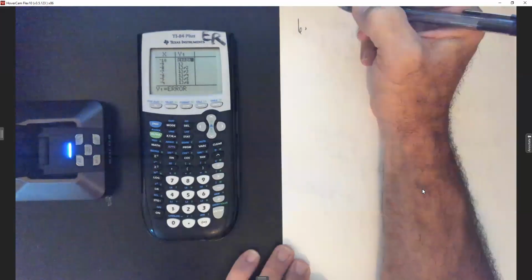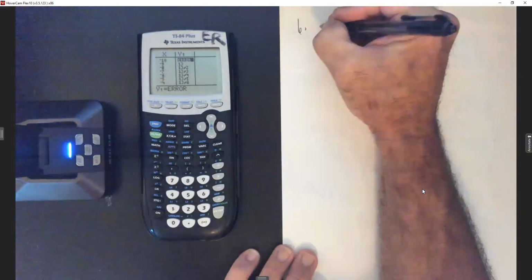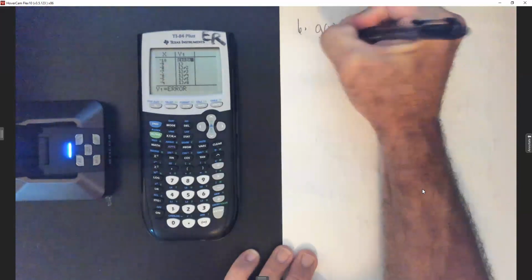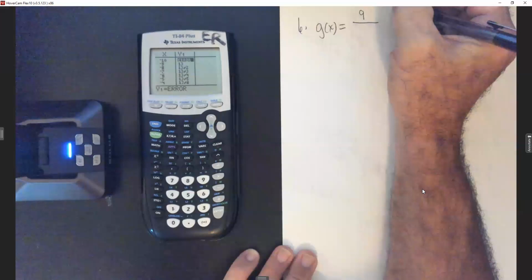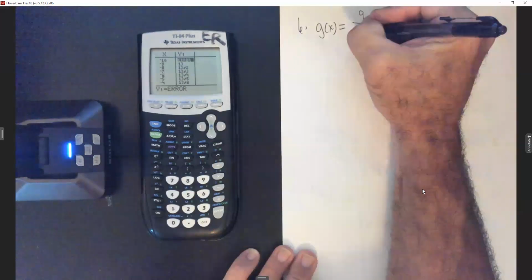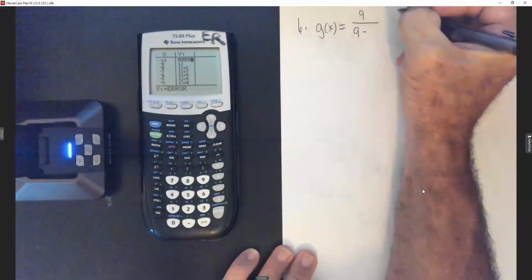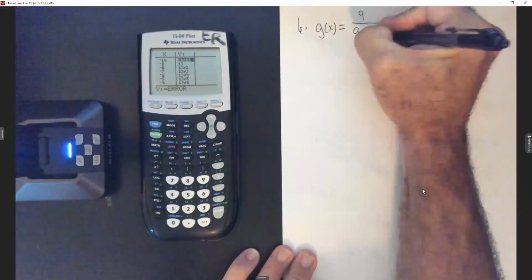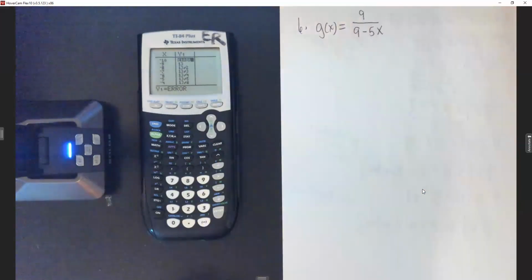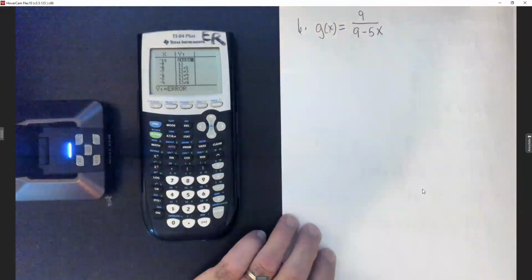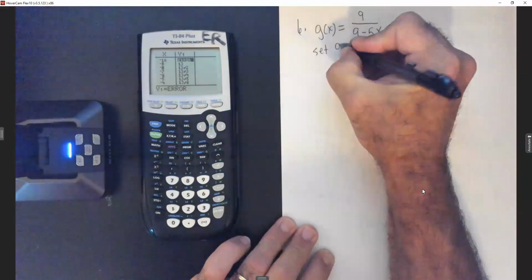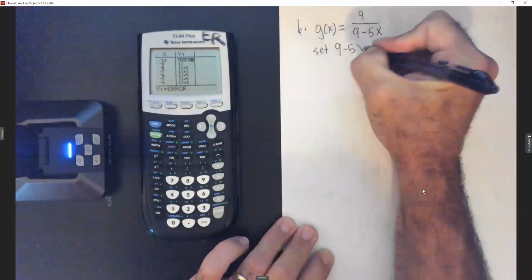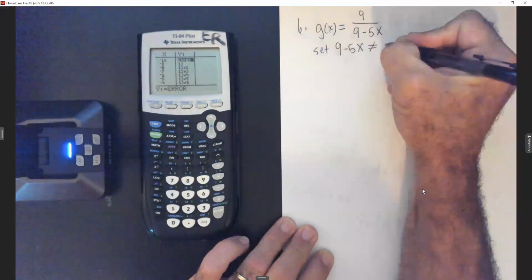How about g of x equals 9 over 9 minus 5x. So we do have a fraction. So since I have a fraction, I'm going to set that bottom 9 minus 5x cannot equal 0.